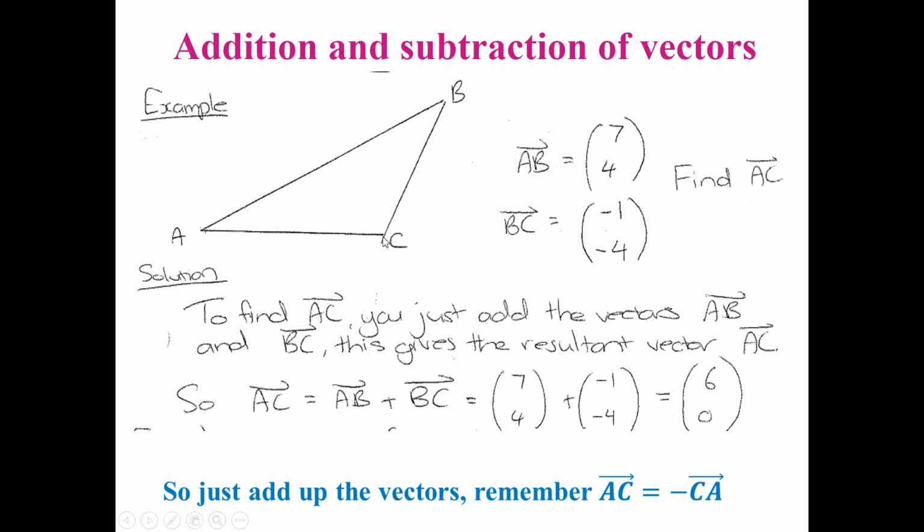So CA, for example, would be (-6, 0) because you're going backwards 6 units. If you take the negative of that, you'll get back to (6, 0). So AC is the same as -CA. Makes sense?